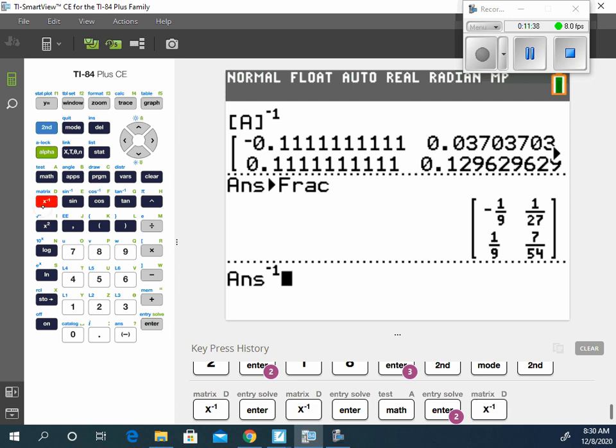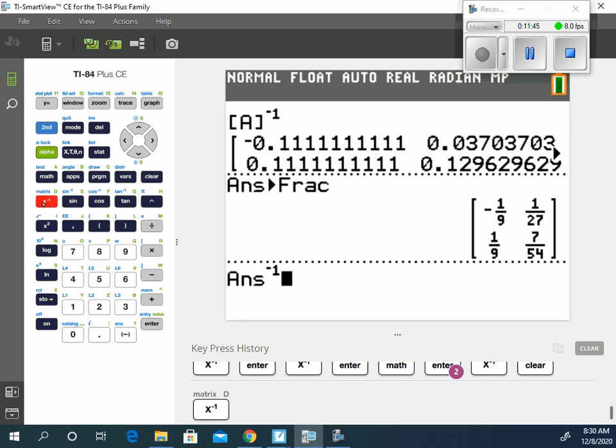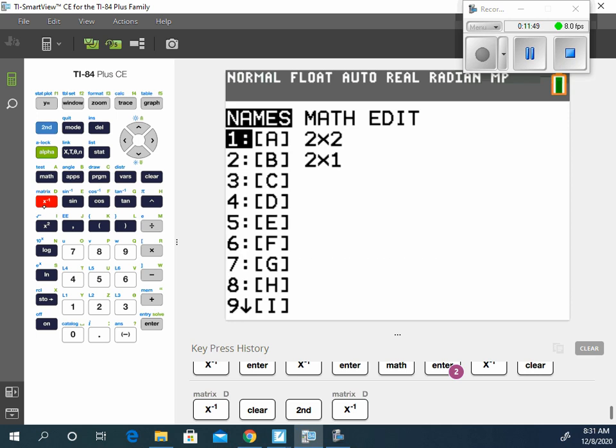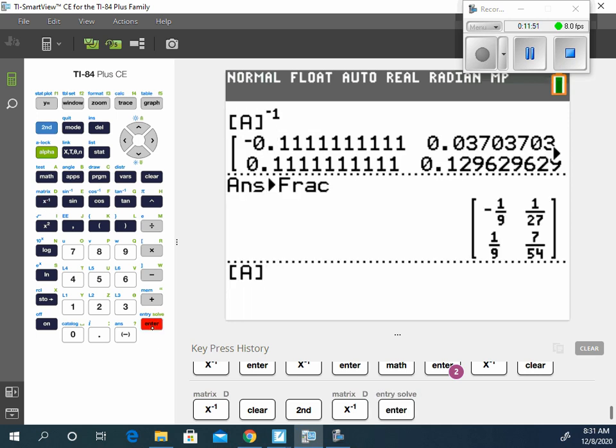Okay, I'm going to do this again. Let's go clear. Oh yeah, that's right. Second matrix, A inverse, right? Because we're taking that A inverse times what?